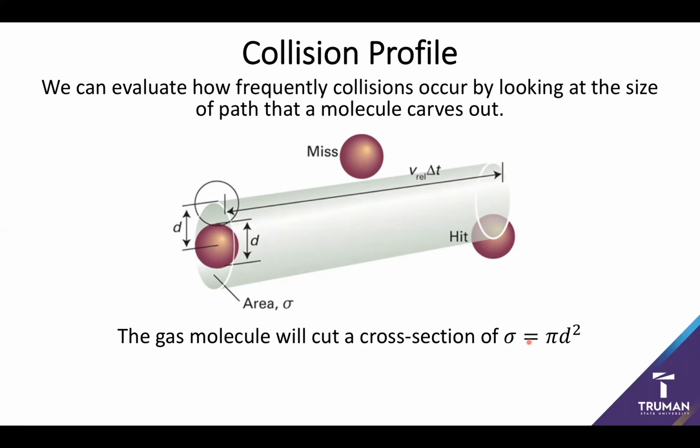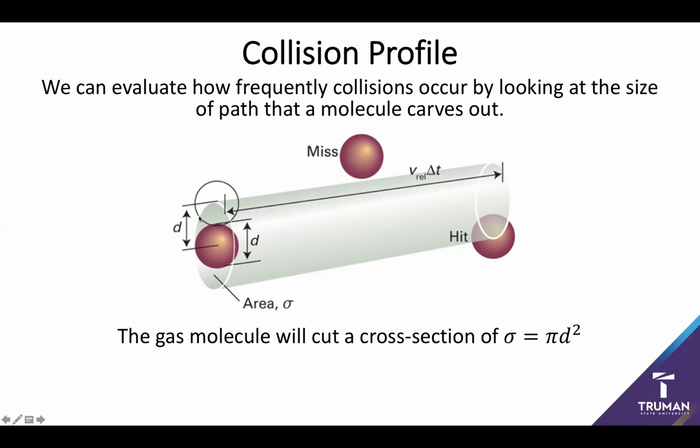Again, classic geometric constraints. So this actually can be quite useful. However, it's worth noting that this cross-sectional area is often determined more empirically.